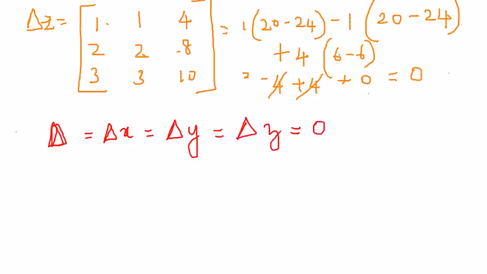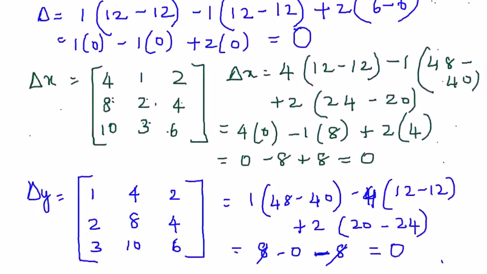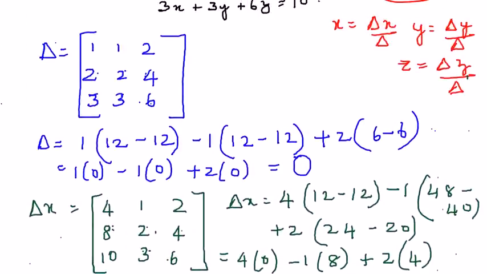So this obviously means that the system is inconsistent, right? Does it have any solution? You cannot find a solution, because you take any 2 cross 2 minor matrix in this del, and the determinant value will always be 0.